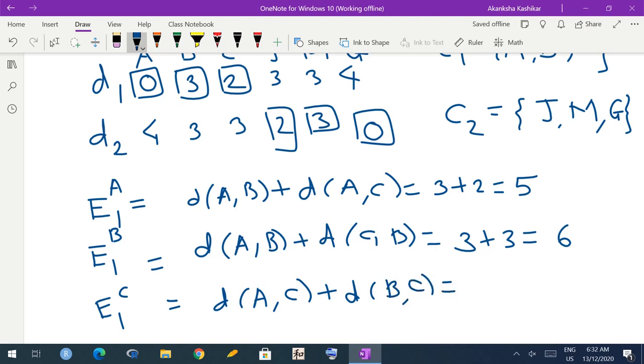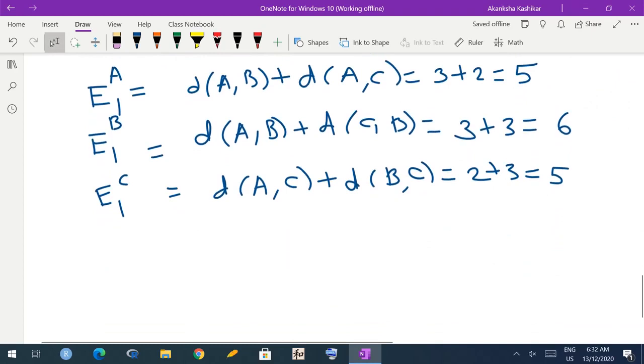So apple chiku is 2, banana chiku is 3. So total distance is 5. Okay. So for first group, apple and chiku are giving me equal partition. So I can either retain apple or go with chiku. So we would retain apple. So for first medoid I am still having apple.